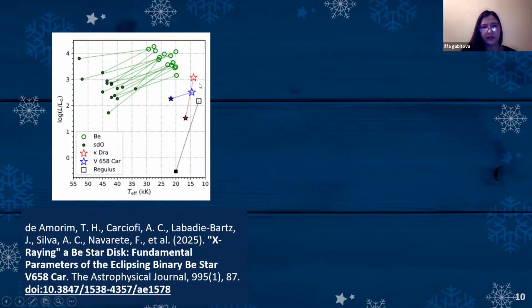Here there are two B+sdBs, and the green is the population of known B+sdO binaries. And where would this new class of B plus bloated companions fit in? Let's see.